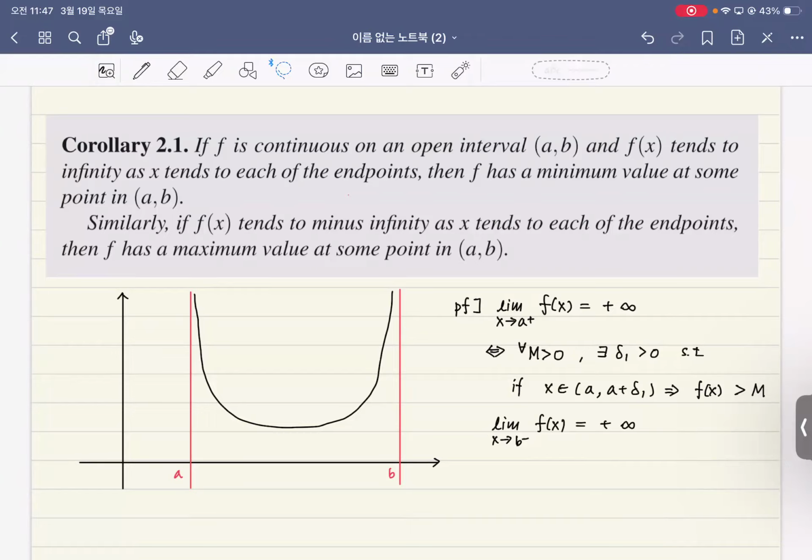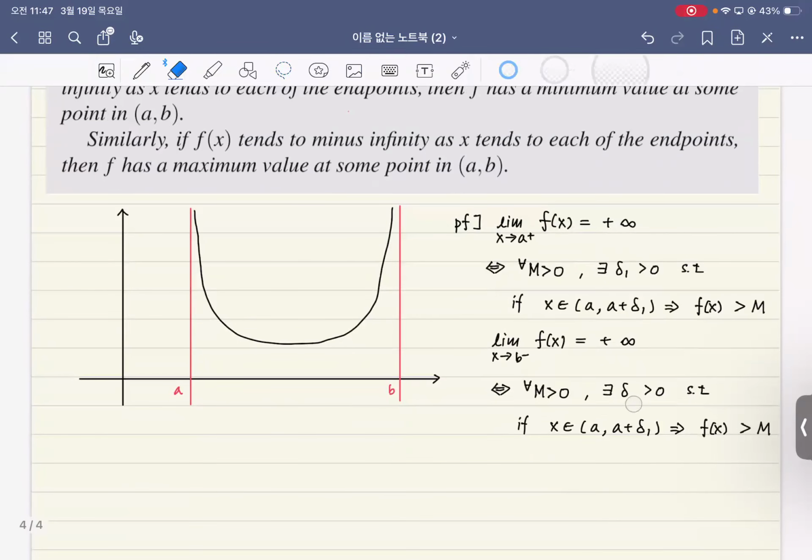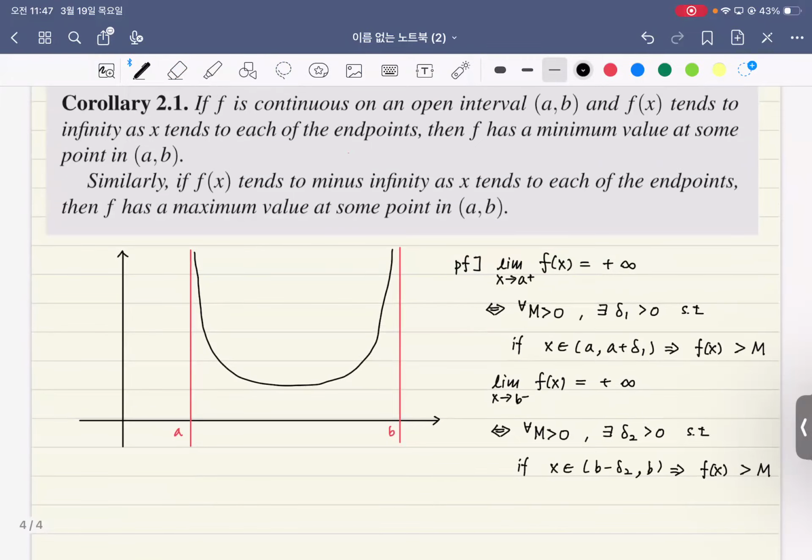That means there is a number delta 2 such that if x is between b minus delta 2 and b, then f of x is greater than m. So these two things can be considered as the definitions of tending to positive infinity.